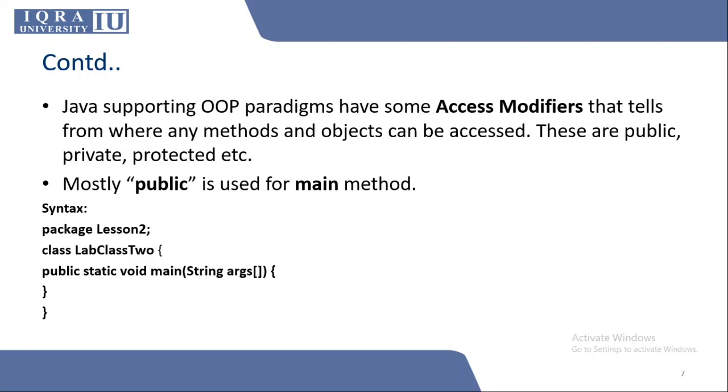These restrictions are represented by some keywords known as access modifiers that tell us from where any method or object can be accessed. These access modifier keywords are public, private, protected, etc. Some others included are abstract. So in detail we will see them in further lab sessions.